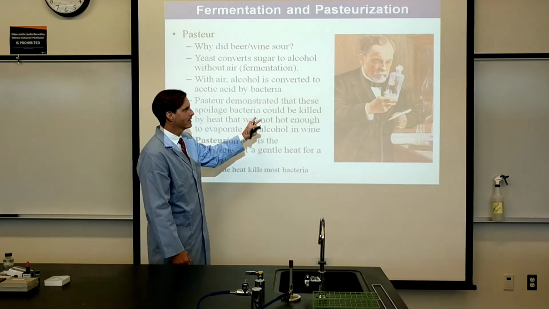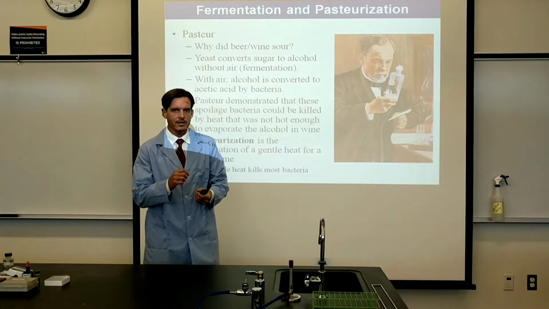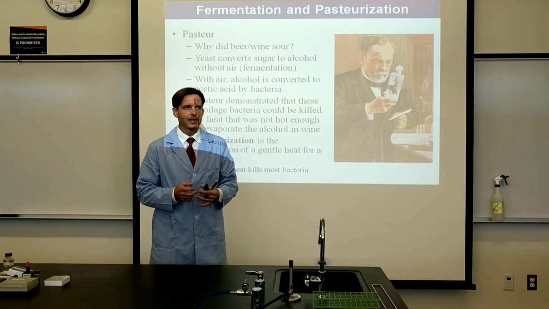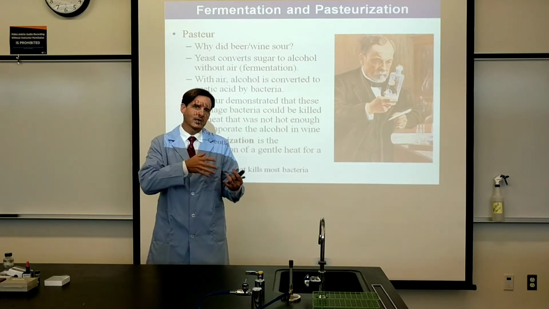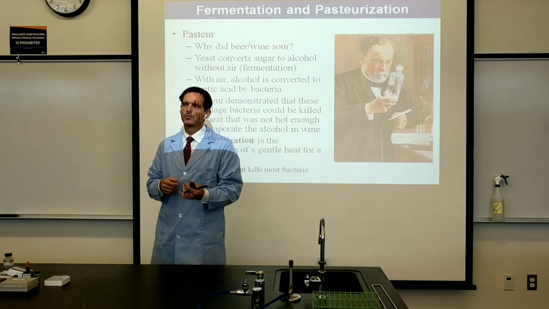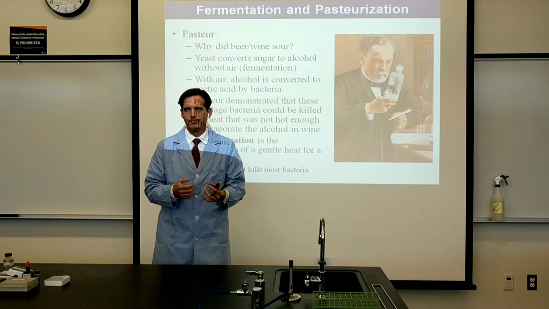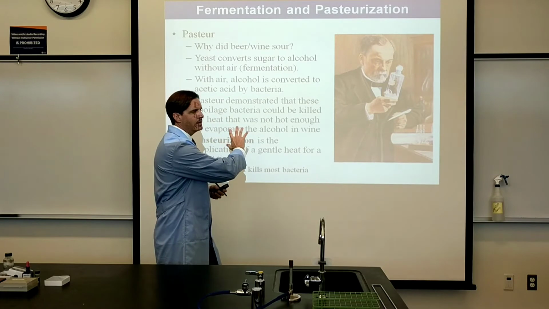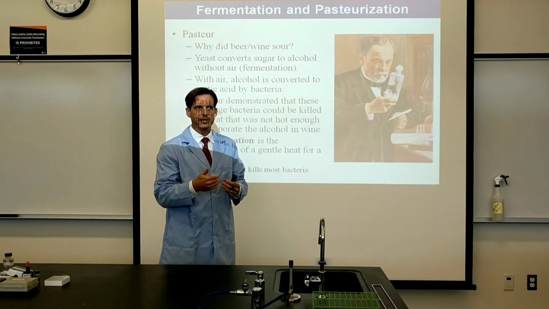When he put some of that spoiled wine under the microscope, he could see the overgrowth of bacteria. He figured out that the wine that wasn't spoiled didn't have those spoilage bacteria, and that there was at least a good presence of a good number of yeasts.